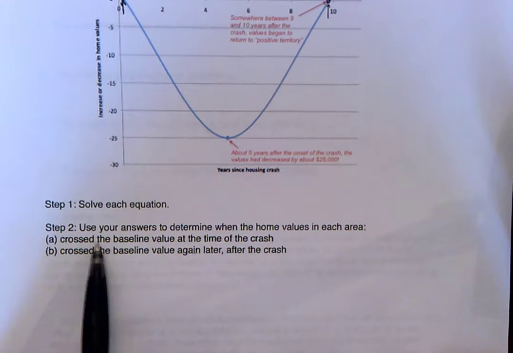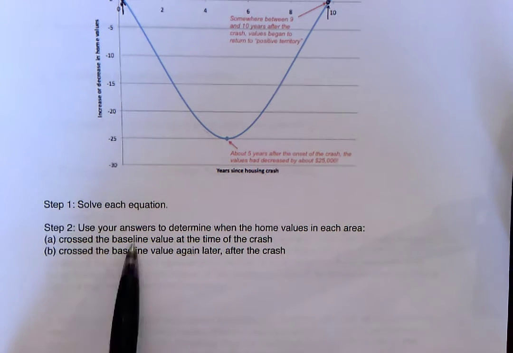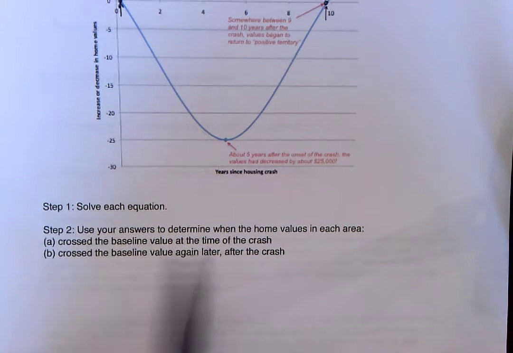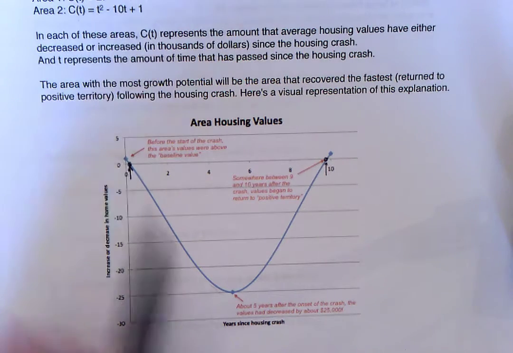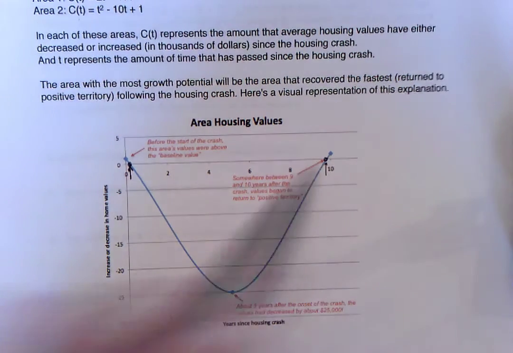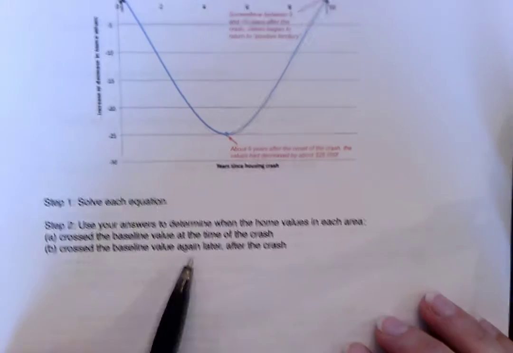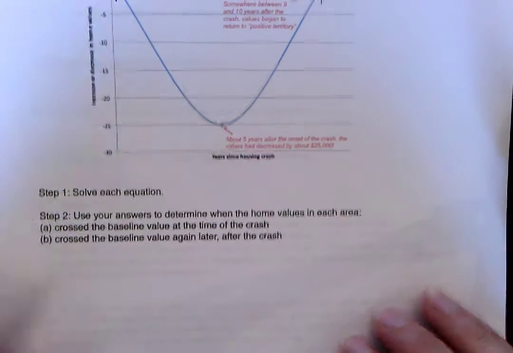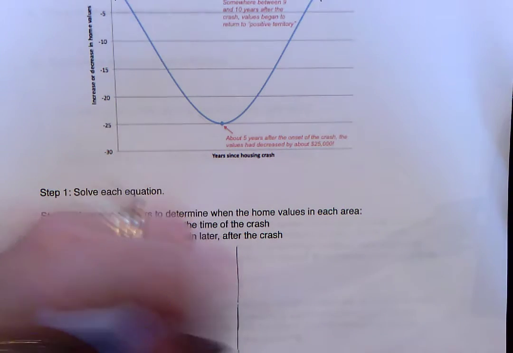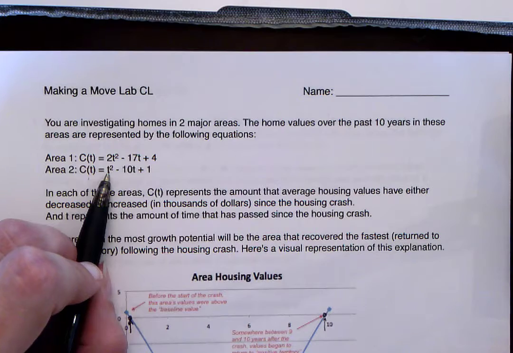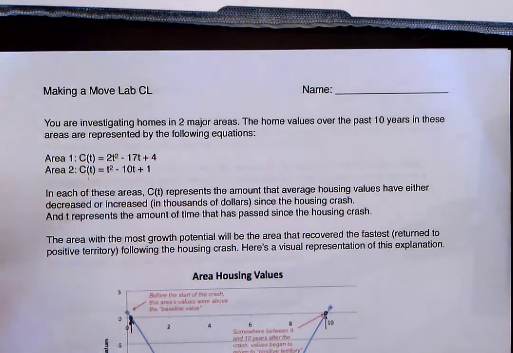It'll determine when, in that area, it crossed the baseline value at the time of the crash, so that's going to be this first zero, and when it crossed it when it was recovering after the crash. So really all we have to do is solve these two equations right here using the quadratic formula. That's what it's telling us to do.